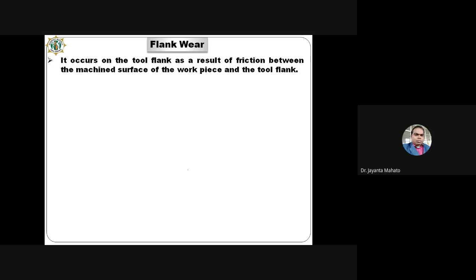Now another is flank wear. This wear occurs on the tool flank as a result of the friction between the machined surface of the workpiece and the tool flank.